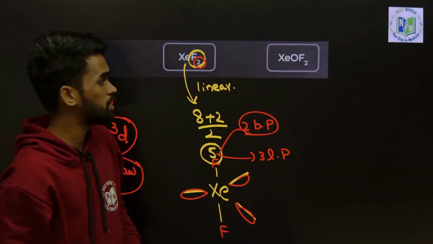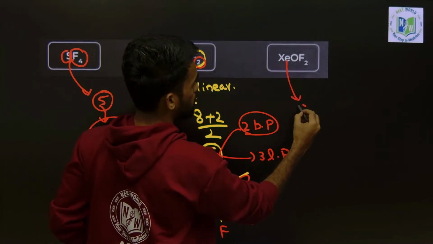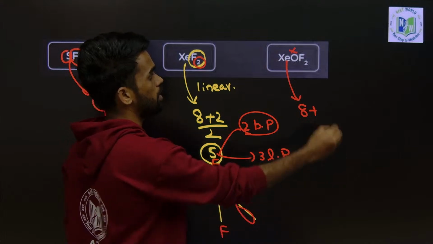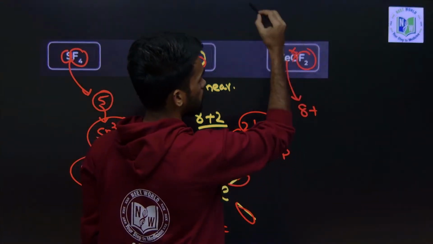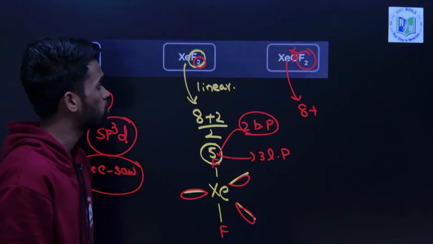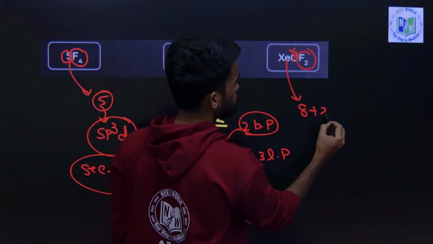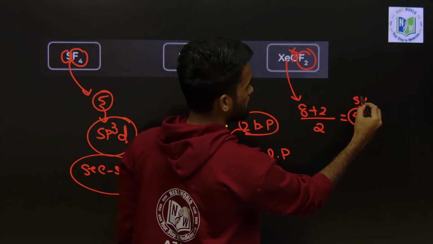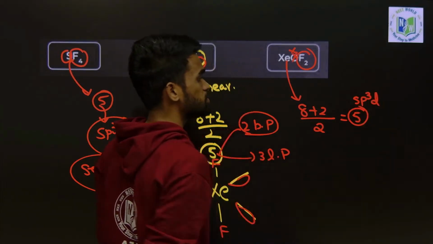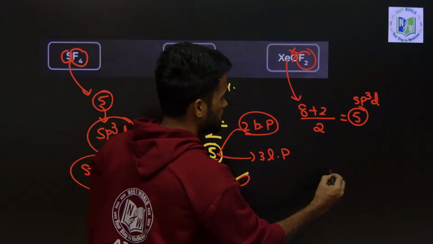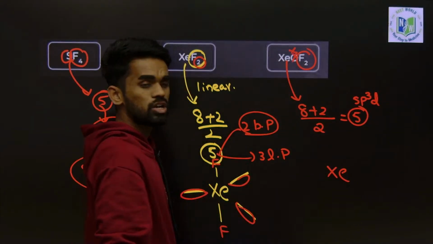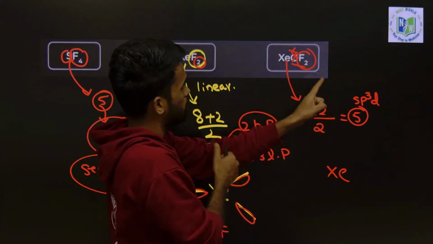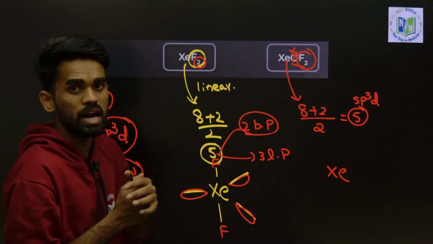And can you tell me for this? Xenon is an 18th group element, so 8 valence electrons. We do not have a monovalent atom here, oxygen is not one, it's divalent. Next, fluorine we have 2, by 2 you take, you get again 5, so sp3d hybridization, right. Xenon has trigonal bipyramidal geometry, but only 3 surrounding atoms are there.